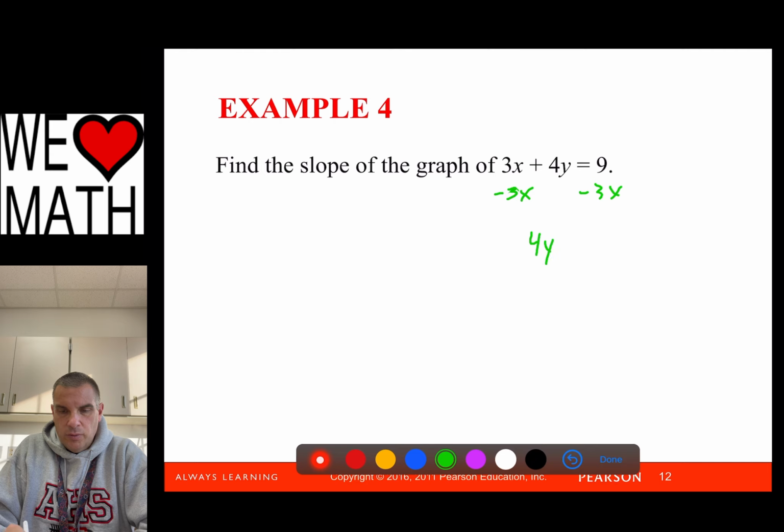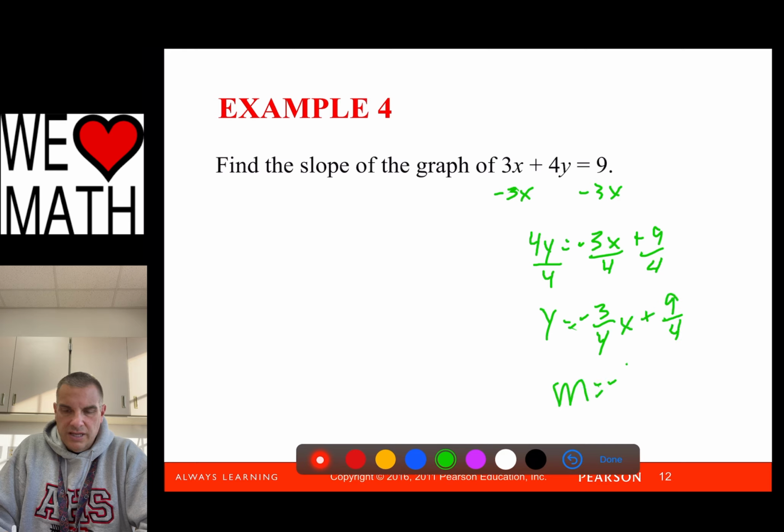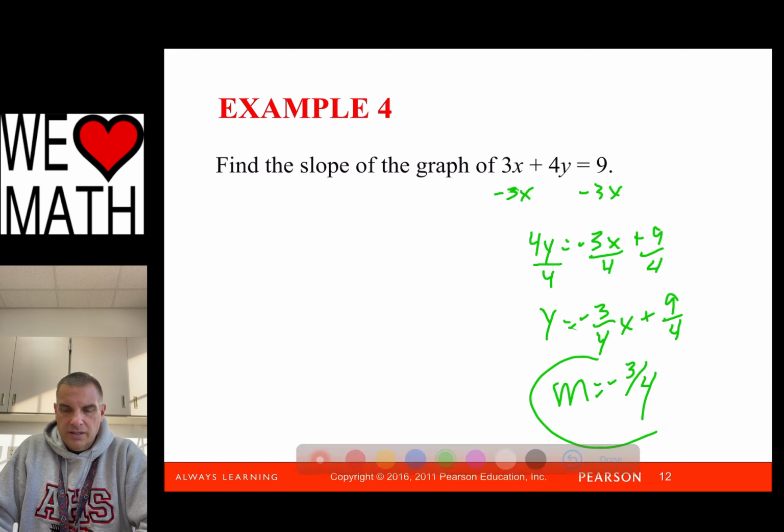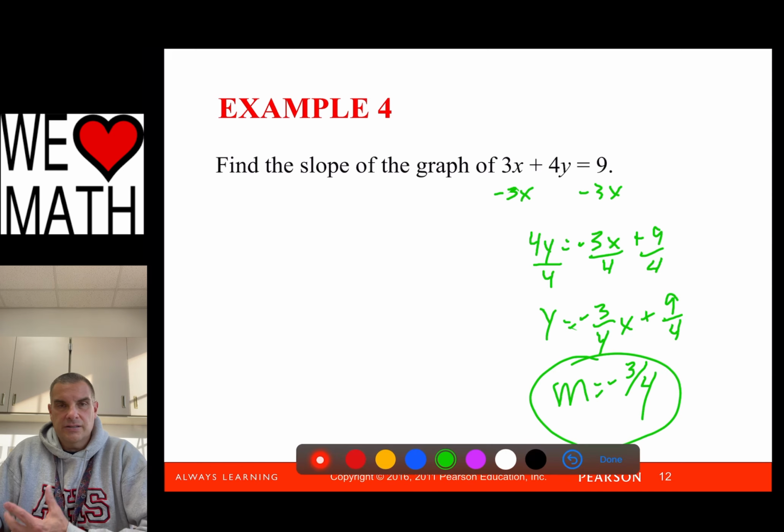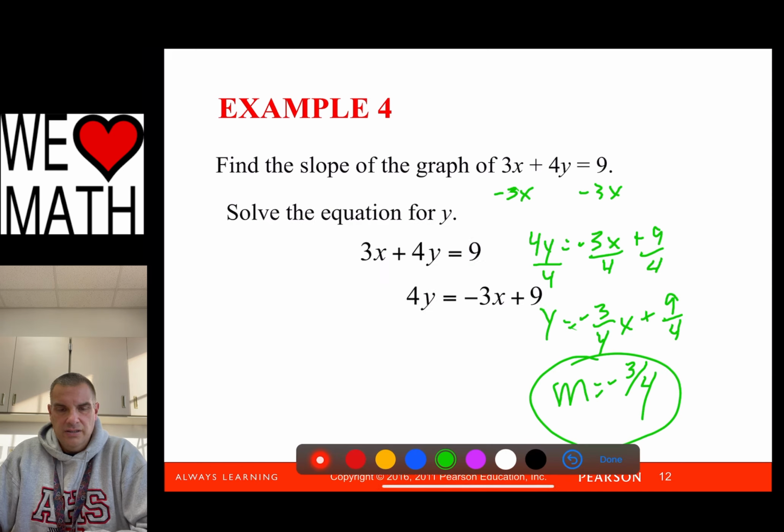So you get 4y equals -3x plus 9. Divide by 4. You get y equals -3/4 x plus 9/4. So our slope in this is -3/4. That's our slope for this one. Again, solving for y. Get things you've done in the past.